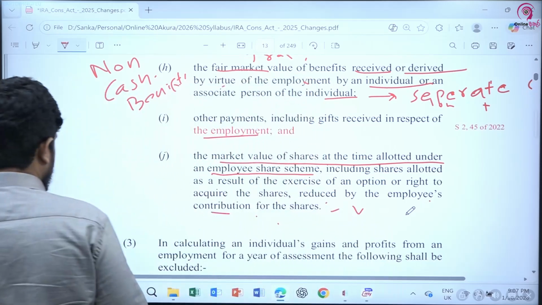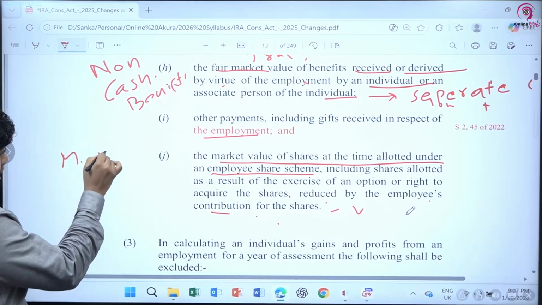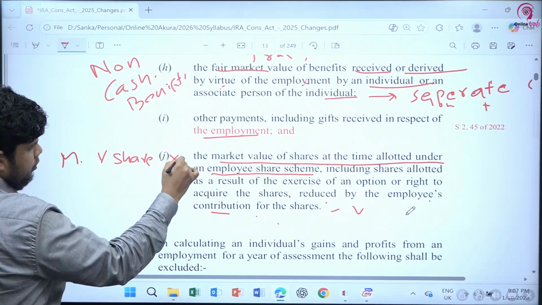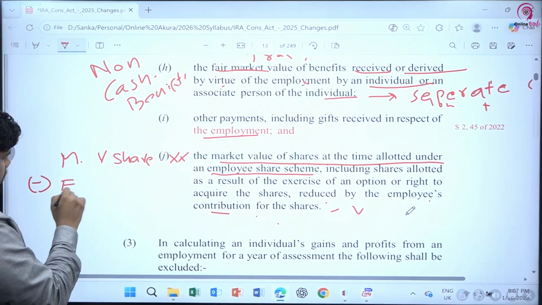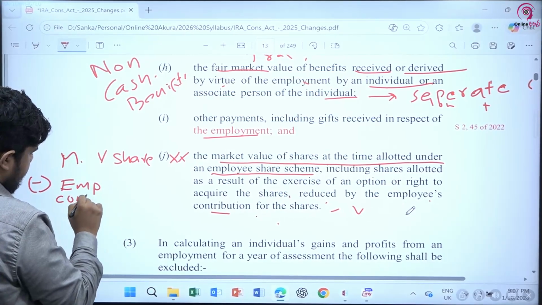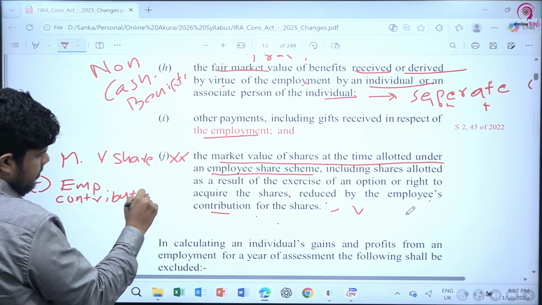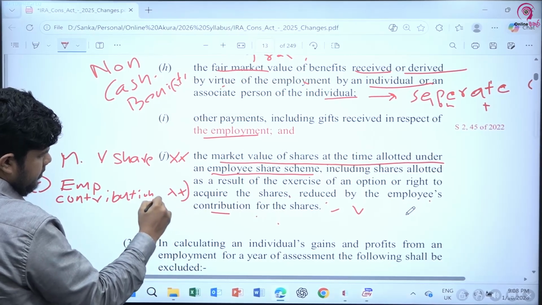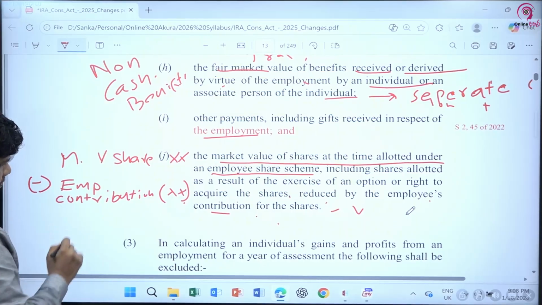You need to take market value of share less employee contribution. So this is the employment income.